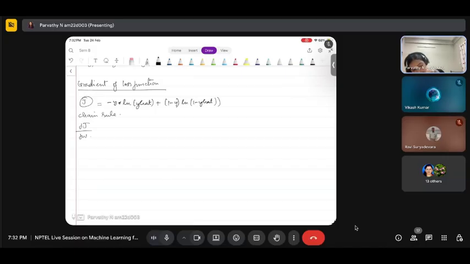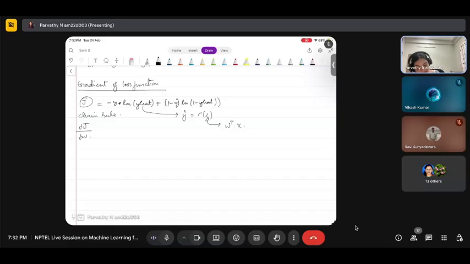Now this is J, and this J is dependent on this y hat, and this y hat is sigmoid of z, and this z is w transpose x.